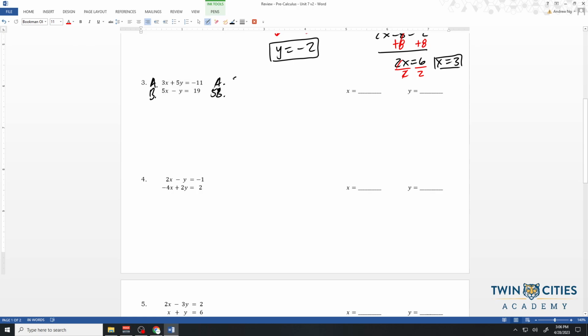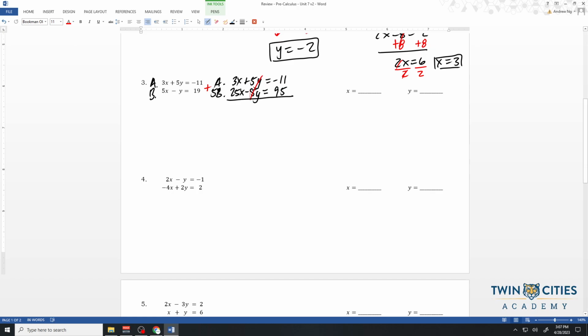So A will be 3x plus 5y is equal to negative 11. And B, multiplying everything by 5, I'll have 25x minus 5y. This is equal to 95. Okay, these are opposite signs. So same sign subtract, opposites add. We'll add, subtracting out the y's.